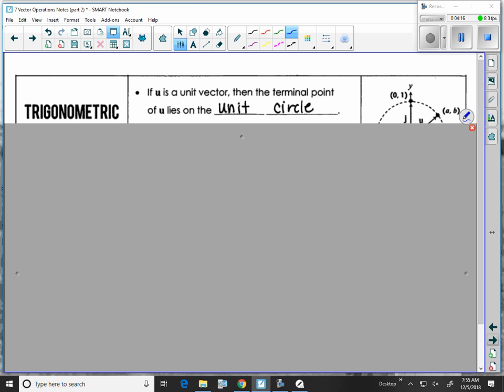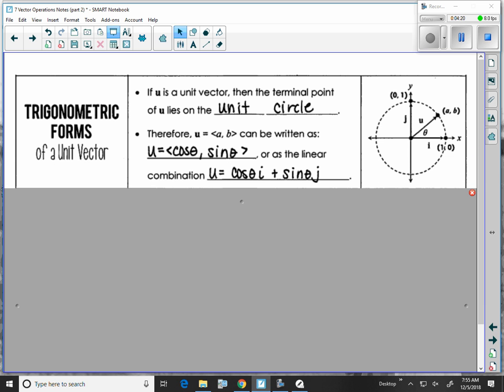Okay. So next one, we're going to be using our unit circle. I passed that out to you. You should have one of those. I'll show you how to use it as we go. When we have an initial point that starts at the origin, and we're talking about a unit vector, that means that its terminal point falls on that unit circle.